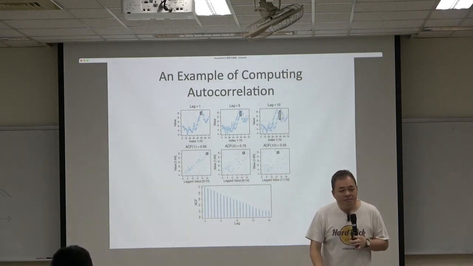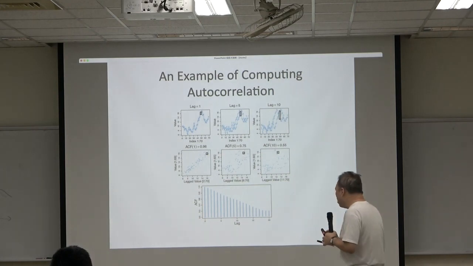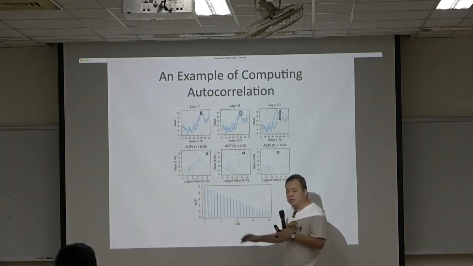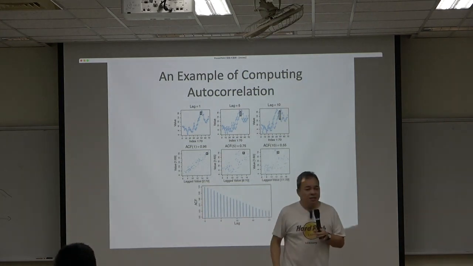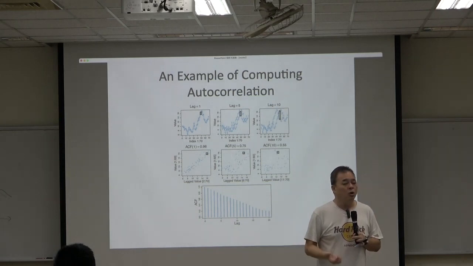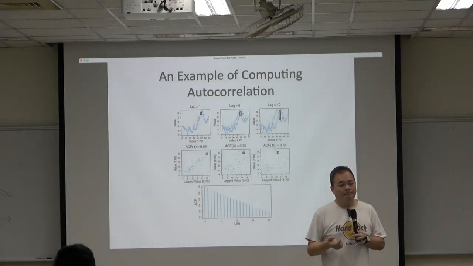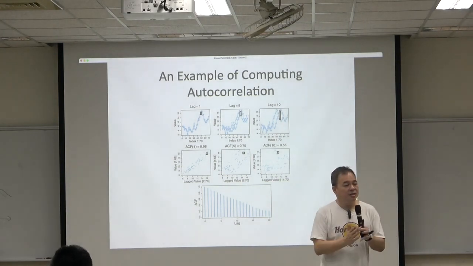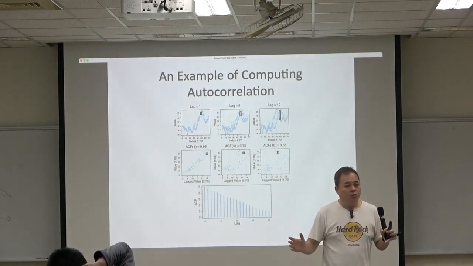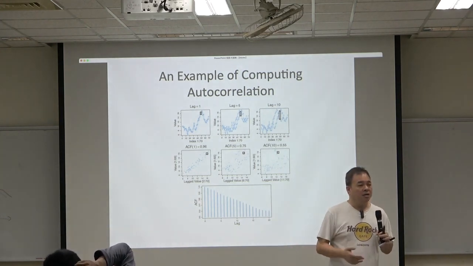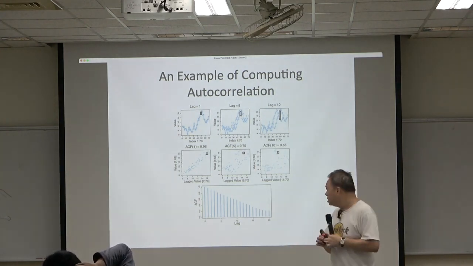The lower the value of the autocorrelation, the more information you can draw from this time series data, information theory wise.